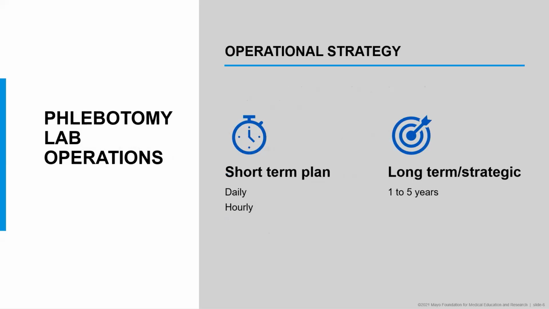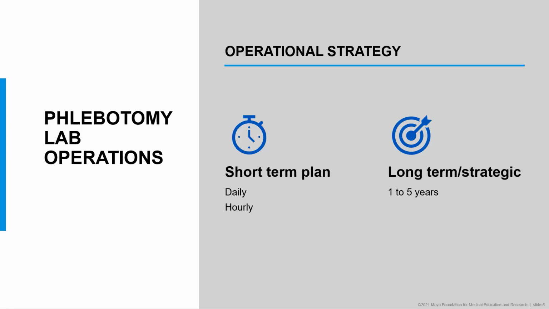So still talking about operational excellence or strategy, when you're doing an operational strategy, you have to think about it in two ways: short-term planning and long-term planning. When we talk about short-term, it can be daily. How much work do I have to do a day? If you have knowledge of how much work is available to do a day, then you can start looking at it by hour.